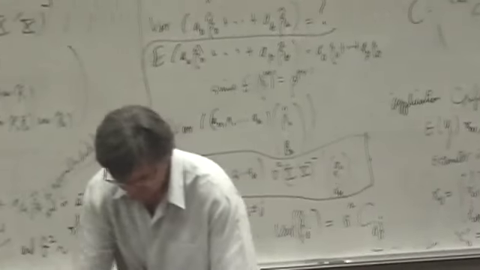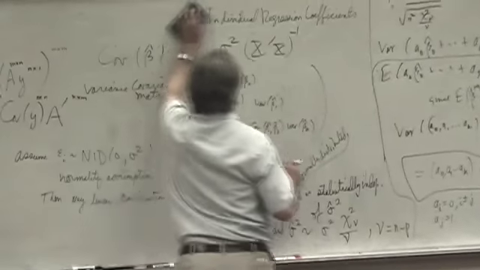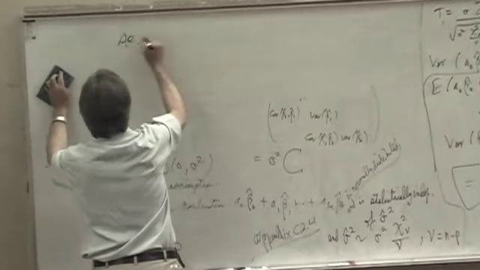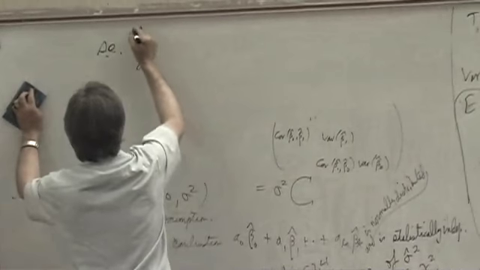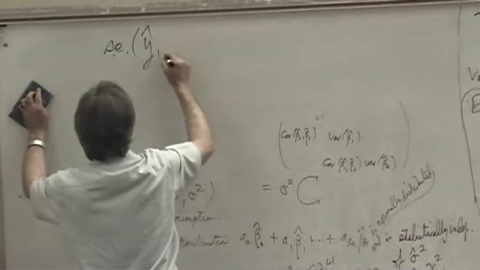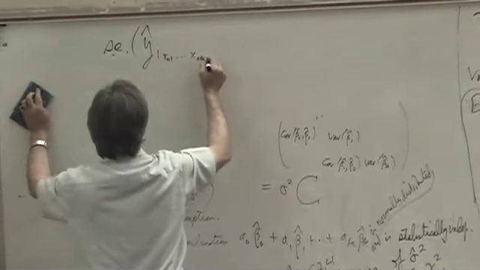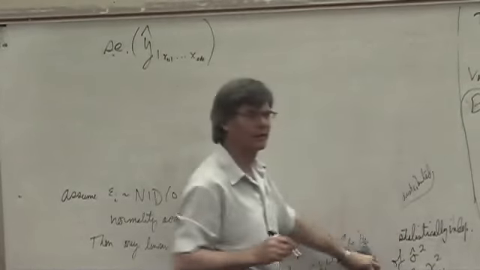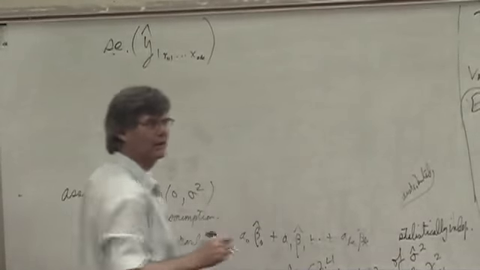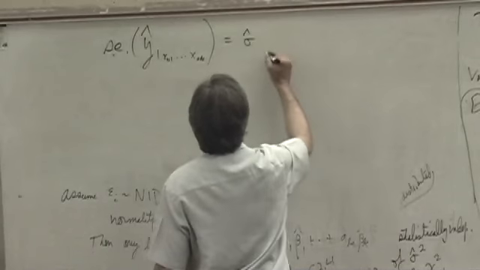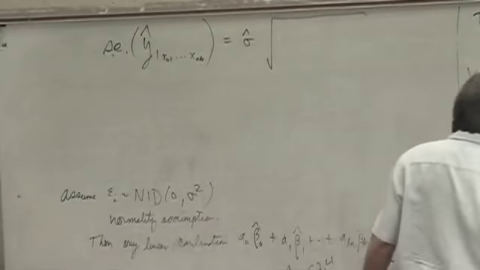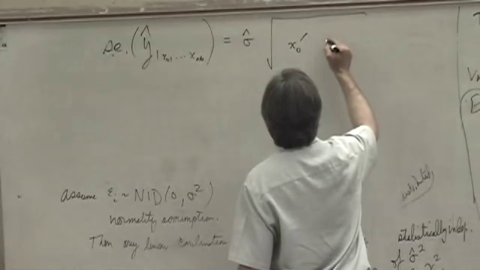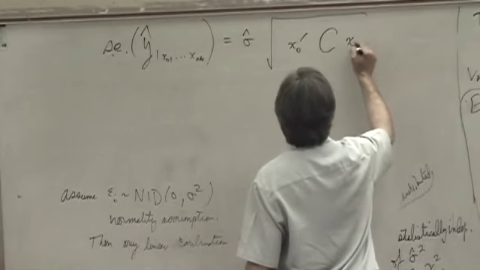So the standard error of y hat given x01 through x0k, the y hat for the given new situation, is therefore equal to sigma hat times the square root of, the way he's got it here, x0 prime C x0.